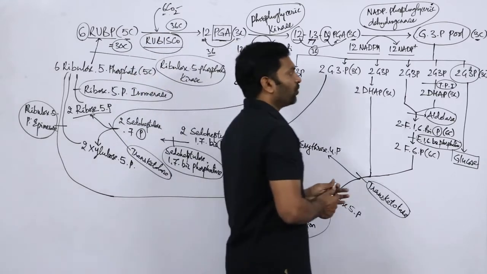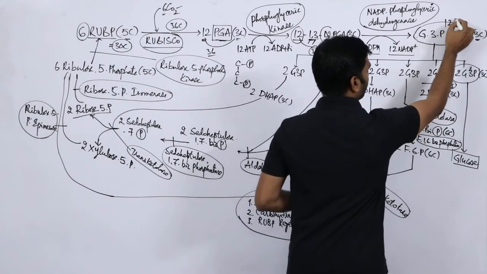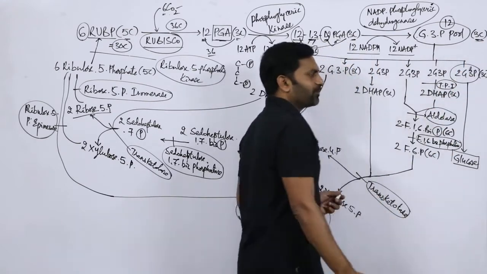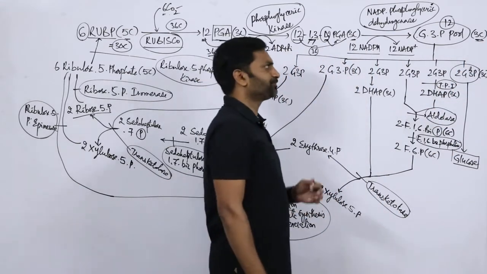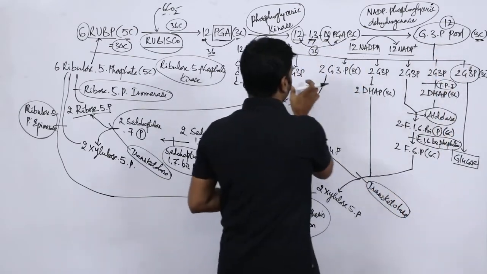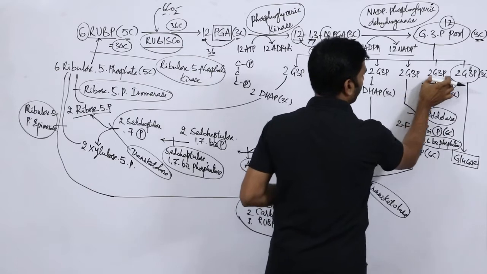Now these 12 molecules of glyceraldehyde 3-phosphate, every one having 3 carbons, you can divide into 6 pools: 1, 2, 3, 4, 5, 6.